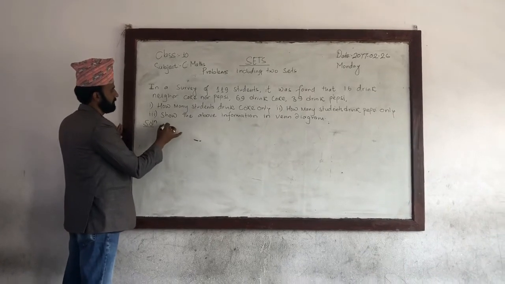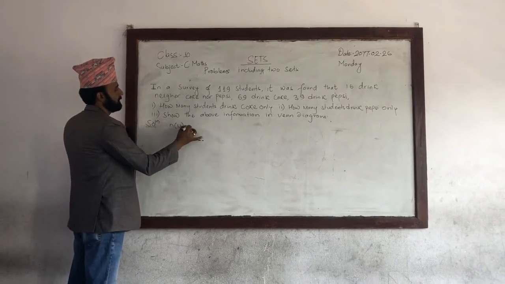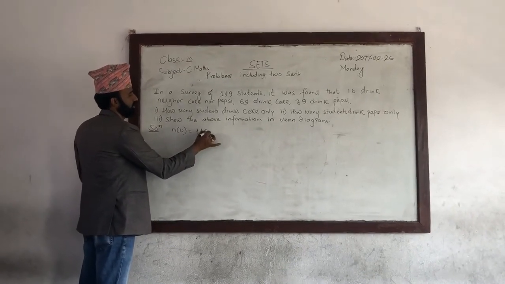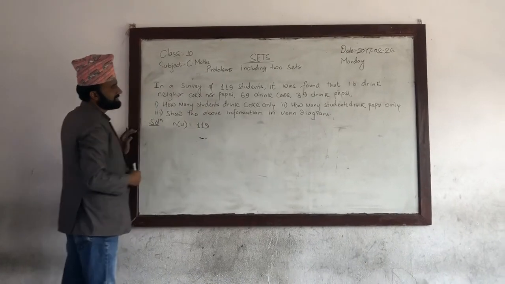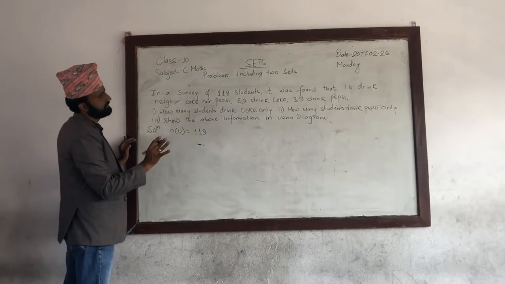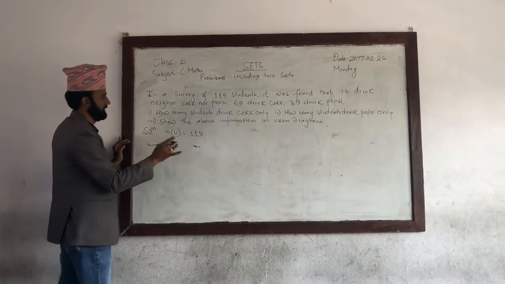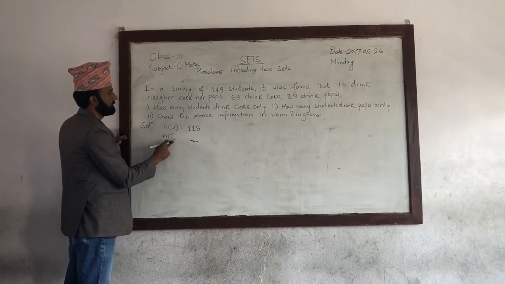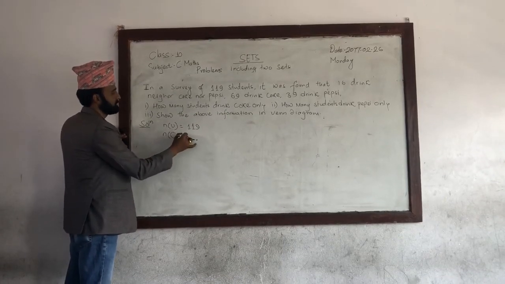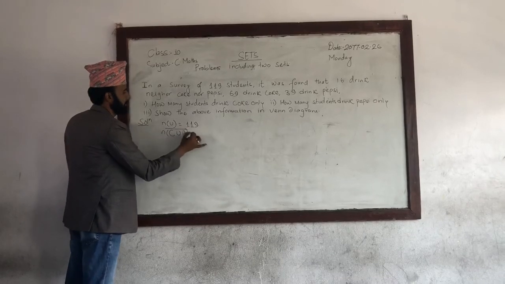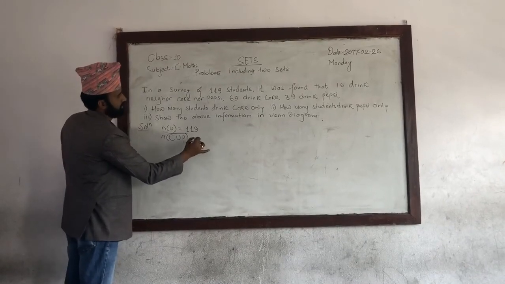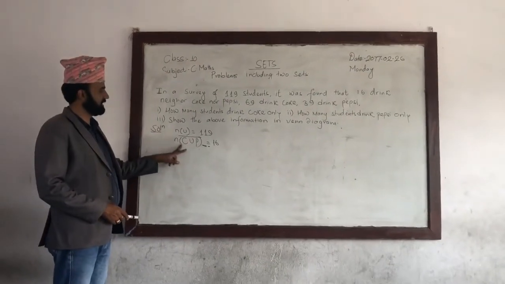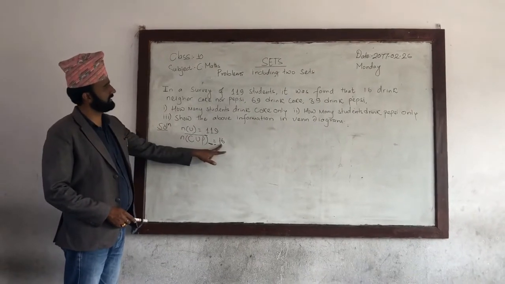In a survey, that represents n of U, the universal set. n of U equals 119. 16 drink neither Coke nor Pepsi. It means, with C standing for Coke and P standing for Pepsi, n of C union P complement equals 16.